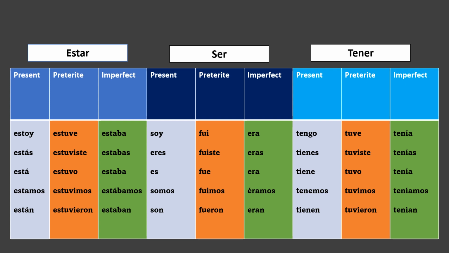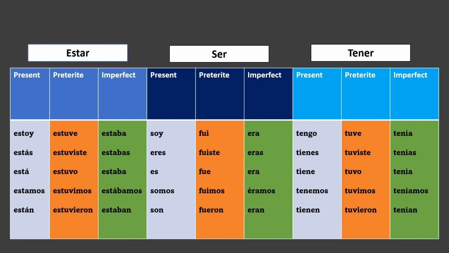Present tense of tener: tengo, tienes, tiene, tenemos, tienen. Preterite: tuve, tuviste, tuvo, tuvimos, tuvieron. Imperfect: tenía, tenías, tenía, teníamos, tenían. So only in the imperfect tense it looks regular, like typical ER or IR ending verbs.